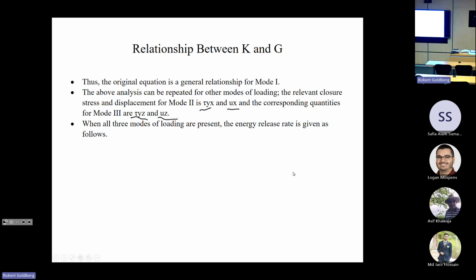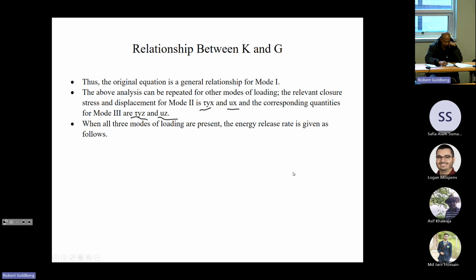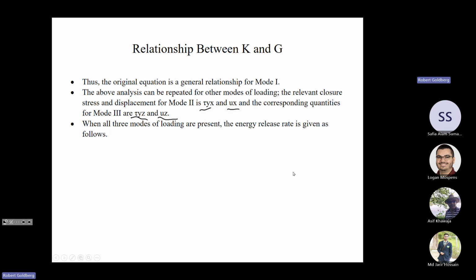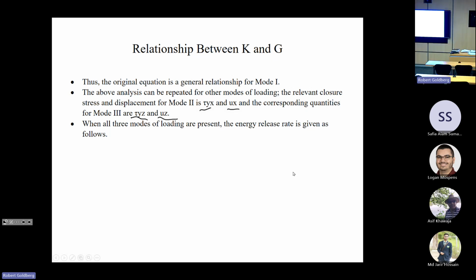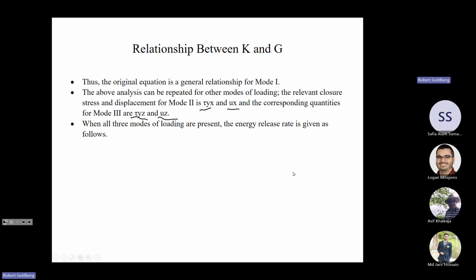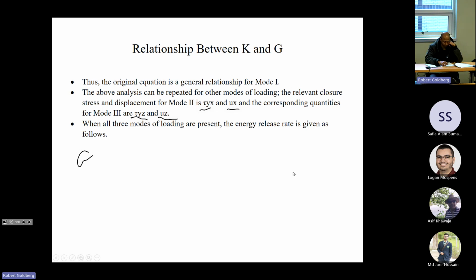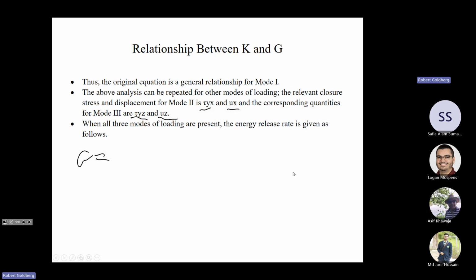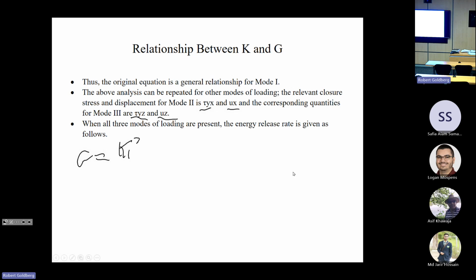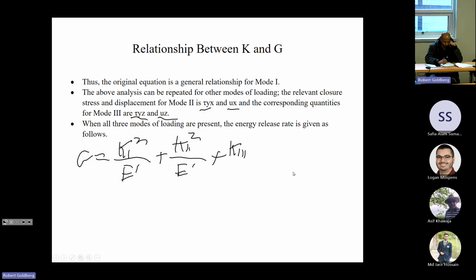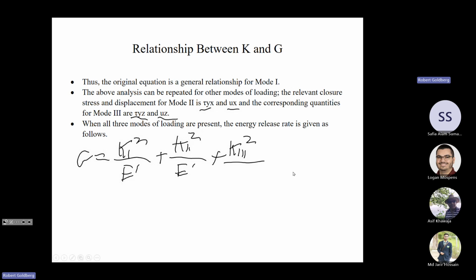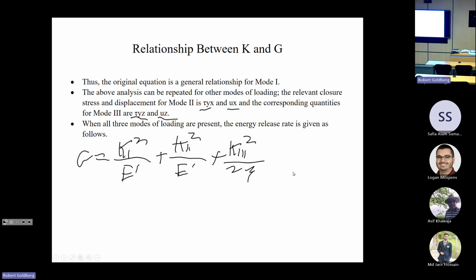So you can do similar types of analyses for all three of the loading modes. And when all three modes of loading are present, you can say that the strain energy release rate, by the principle of superposition, is K1 squared over E prime plus K2 squared over E prime plus K3 squared divided by 2 mu.